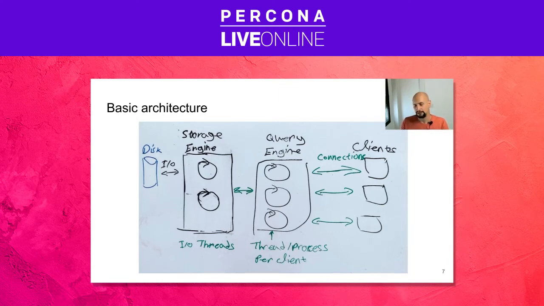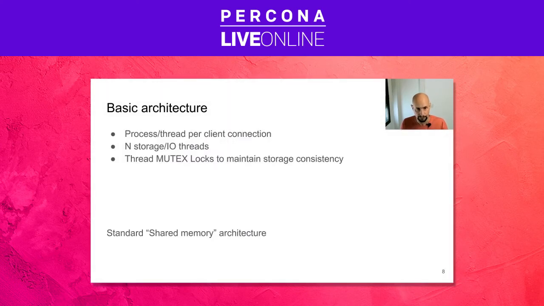For example, they share the cache, the buffer pool cache for InnoDB, and they would synchronize between themselves whenever they have to talk to the disk, or lock an index for update, because you don't want them stepping on each other. And they will also have to lock when they, for example, touch a shared cache, like the buffer pool cache. So that's the basic architecture.